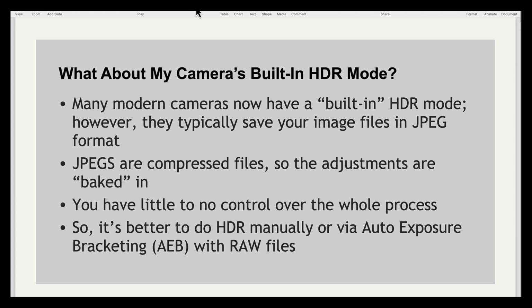Okay, and as you might know, JPEGs are compressed files, and the adjustments are essentially baked into those JPEG files. So, in order to have more control over our HDR photography, we want to be shooting raw files. Okay, so that we have control over the whole process.